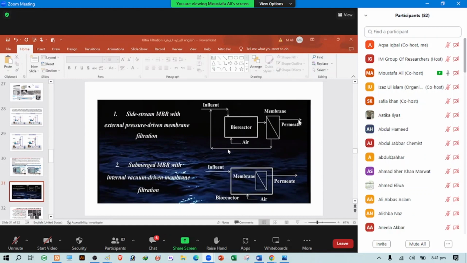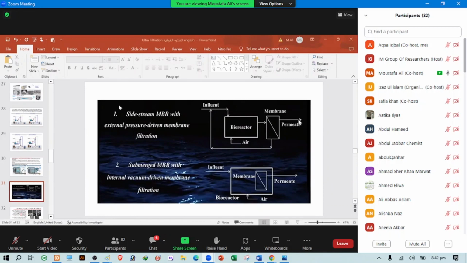We should consider that we are operating with cross flow. It is a continuous process. We suck from the bioreactor and pump to the ultrafiltration membrane, in cross flow application. Then the retentate, as we agreed to call it, the higher concentration liquor, goes back to the bioreactor. So it is a continuous process.